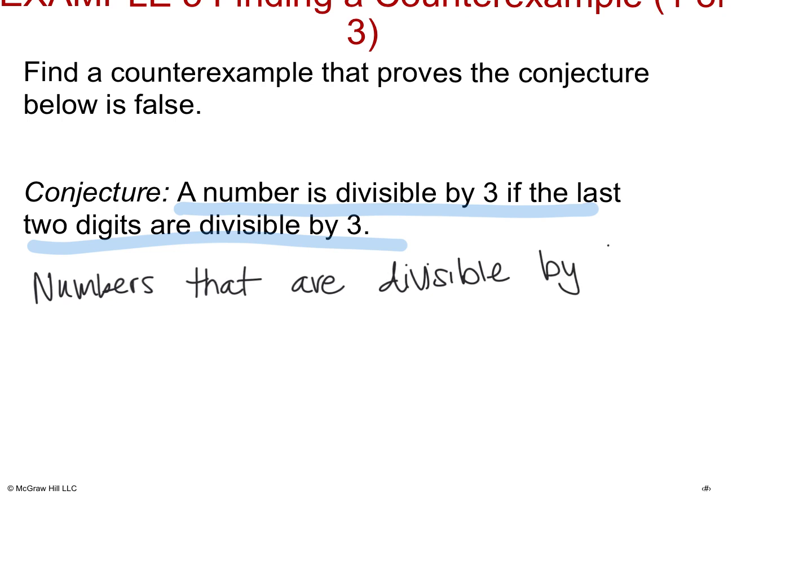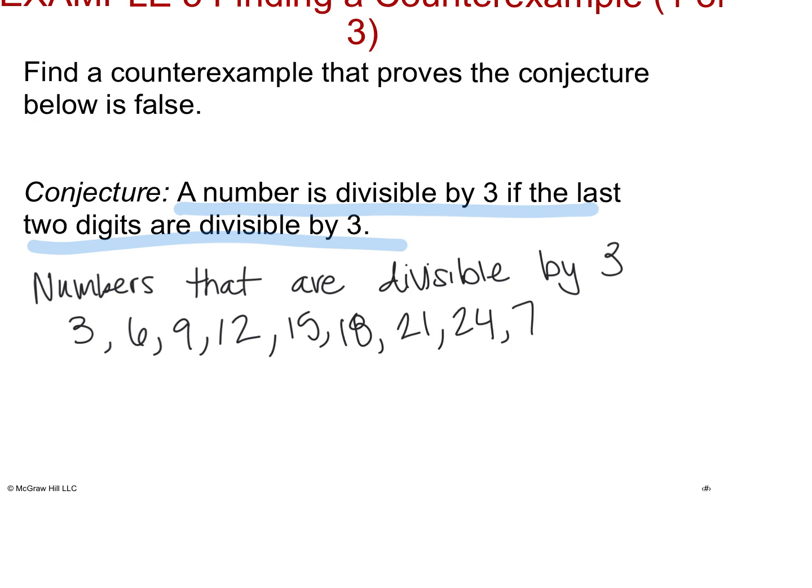So we want to talk about that first. Numbers that are divisible by 3 would be 3, 6, 9, 12, 15, 18, 21, 24, 27, etc. Basically, you can divide it by 3 and it goes into it completely. You won't have a remainder.